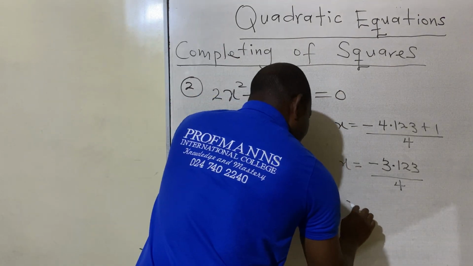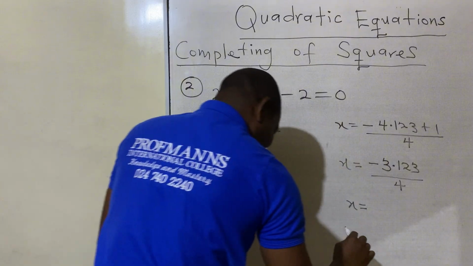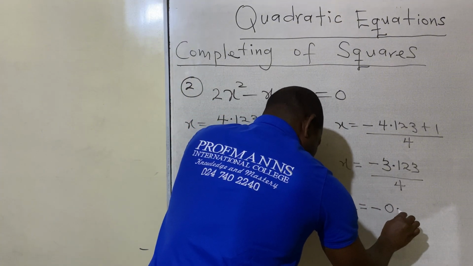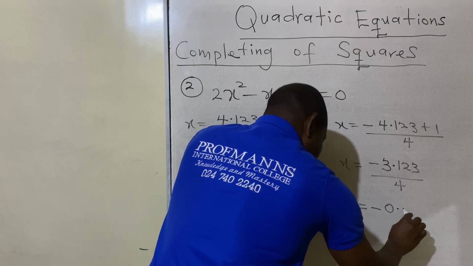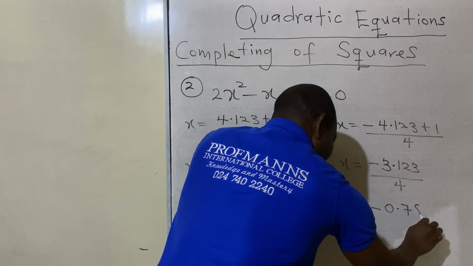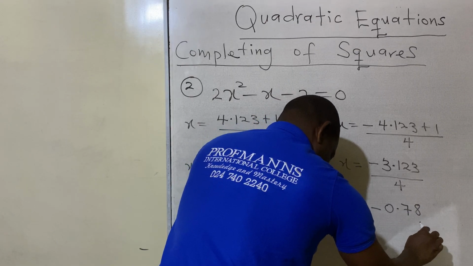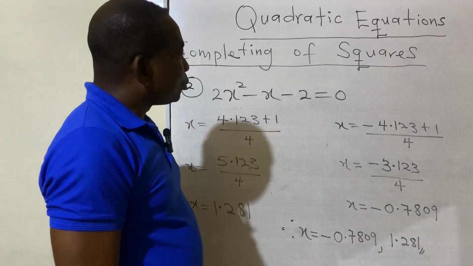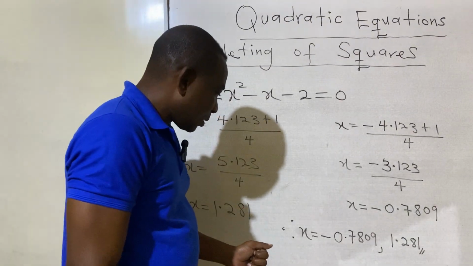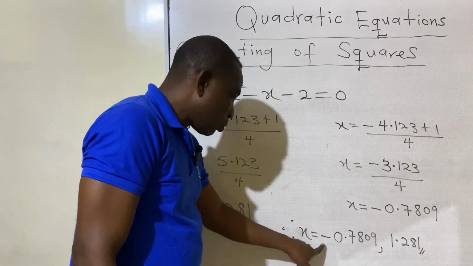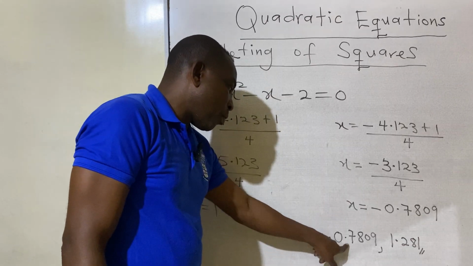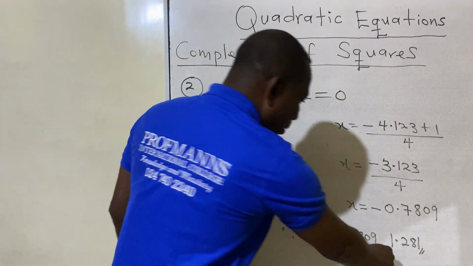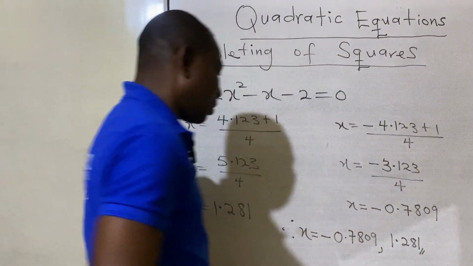When we do the division, it gives us x is equal to minus 0.7809. The roots of the quadratic equation is x is equal to minus 0.7809, 1.281.